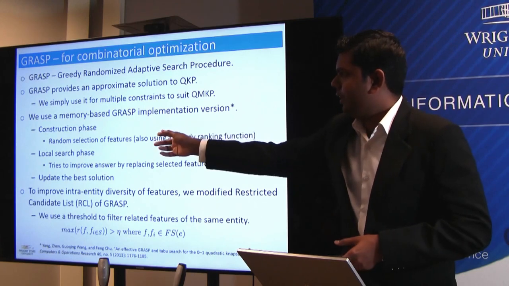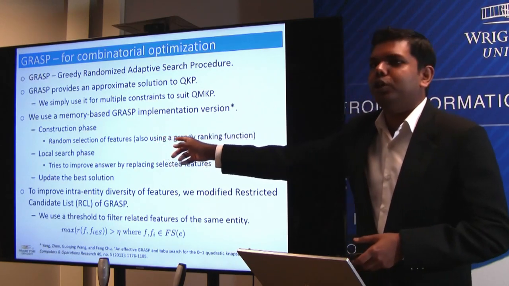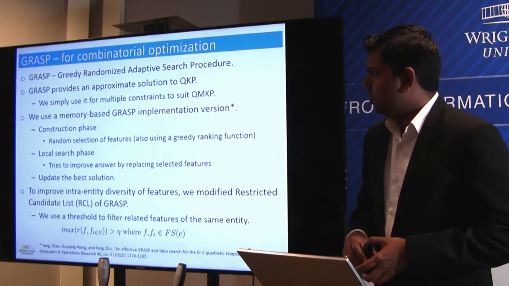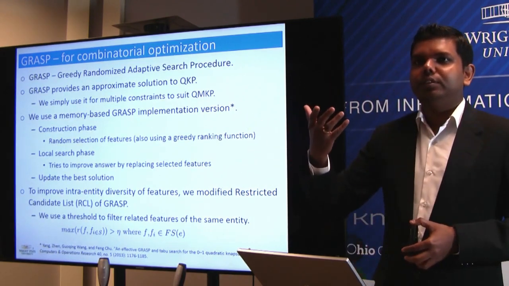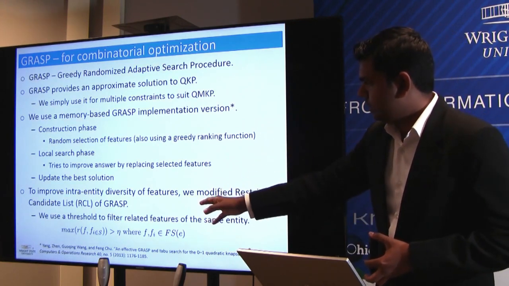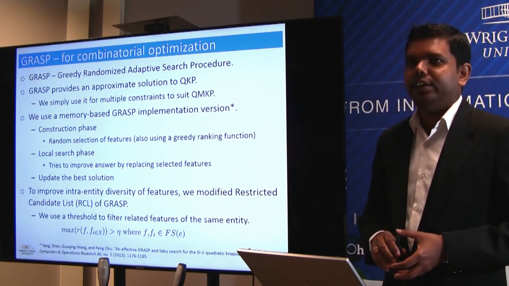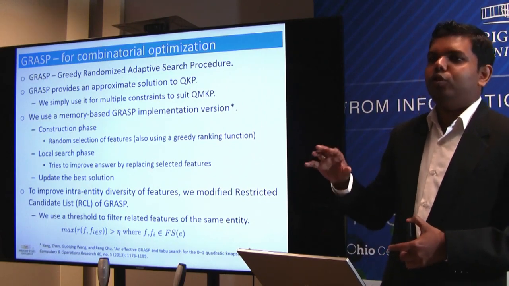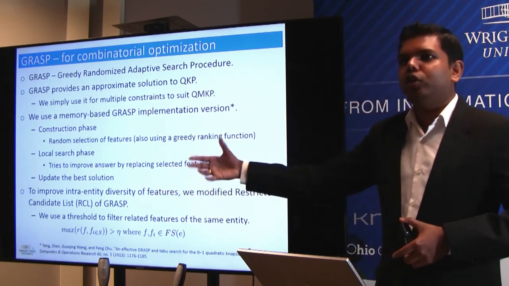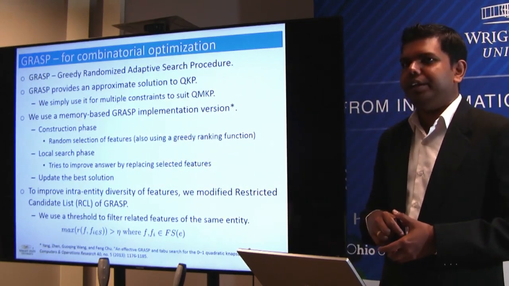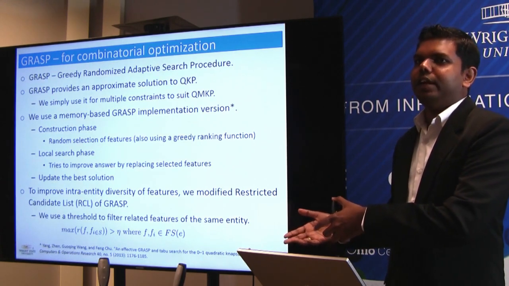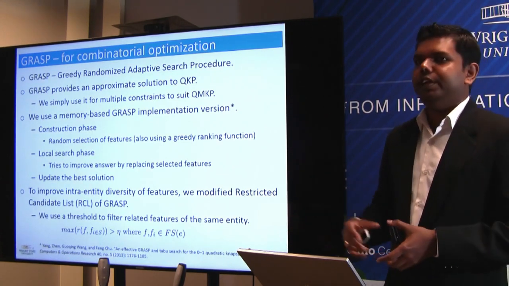The construction phase is where we do the modification to ensure we get further improved diversity. It randomly selects features, which are called candidate features, and this is named the restricted candidate list. If we make sure the features selected from the same entity are not going to be the same, we are ensuring that the final entity summary is diversified within each entity.